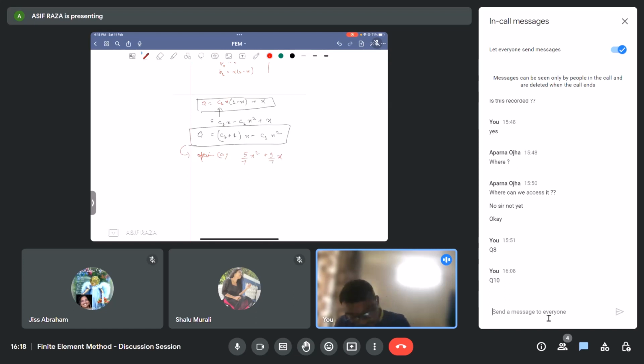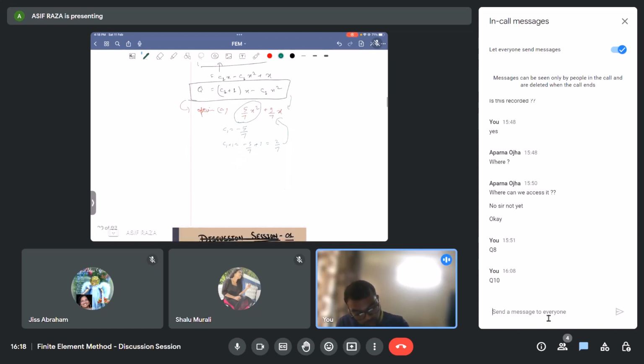If I compare this term, C1 will come out to be minus 5 by 7. C1 plus 1 is minus 5 by 7 plus 1, that is 2 by 7, which is not the case here. So option A won't be the correct answer.